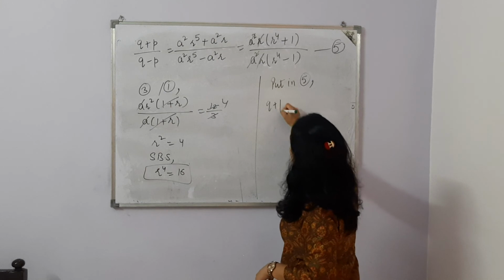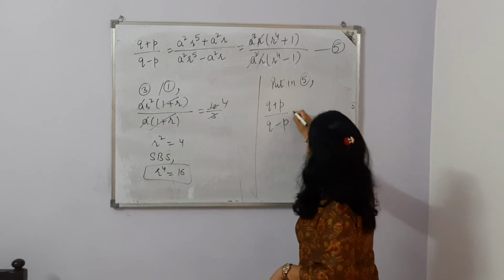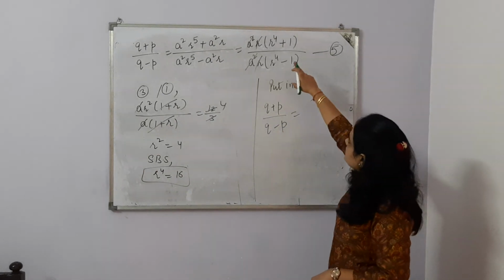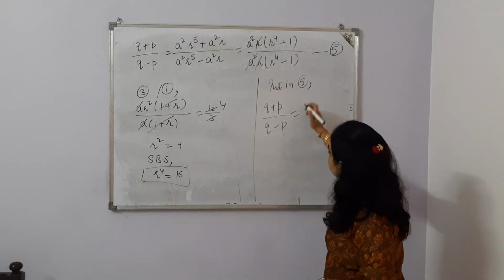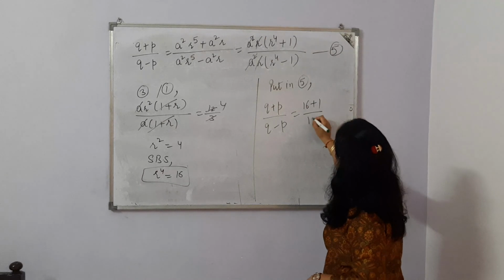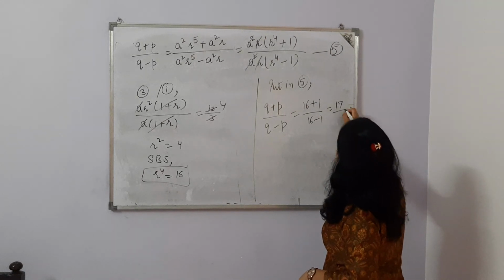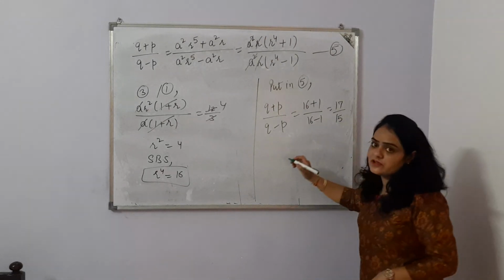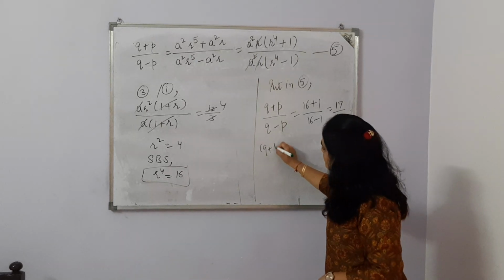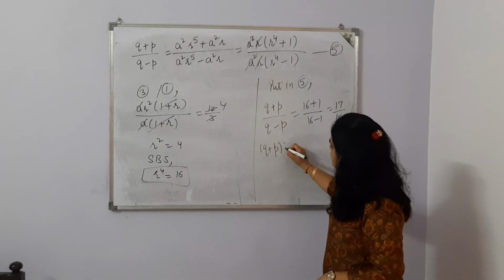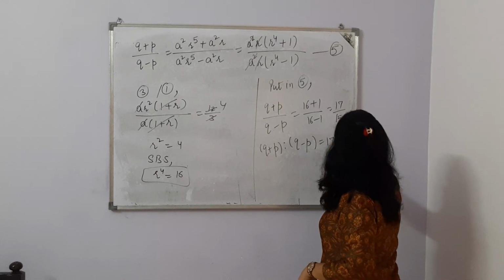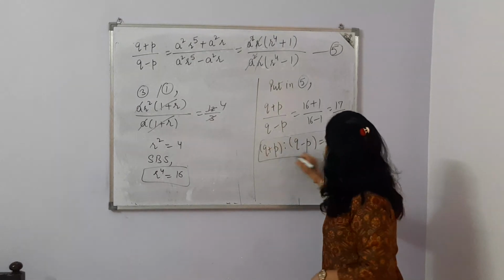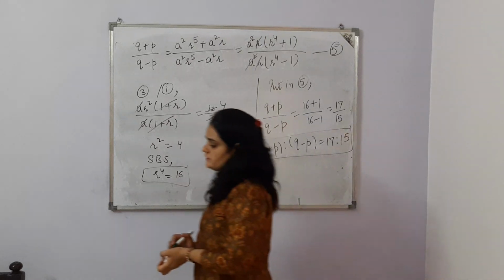So Q plus P upon Q minus P is R raised to power 4, which is 16, plus 1 upon 16 minus 1. 17 by 15. We need its ratio, so 17 ratio 15. Hope this question is clear to you.